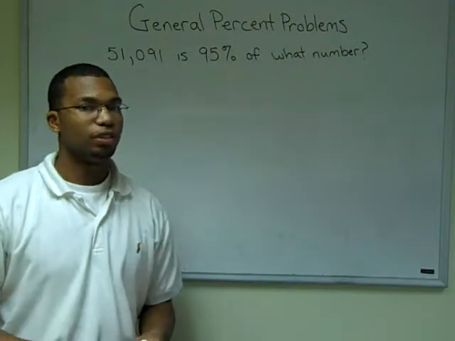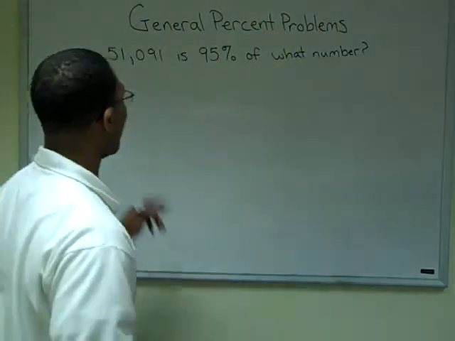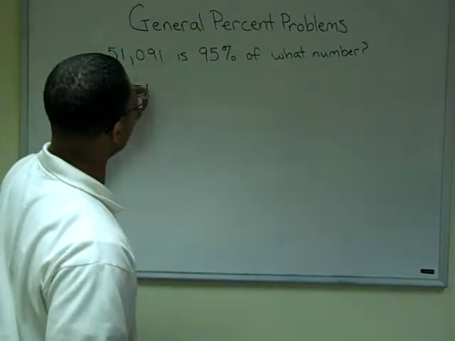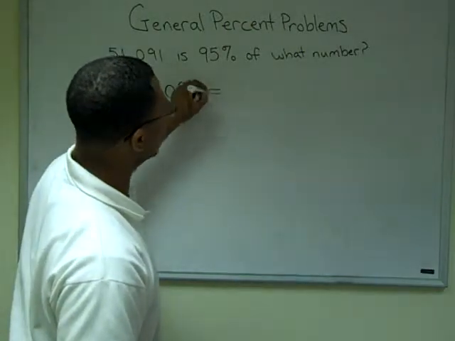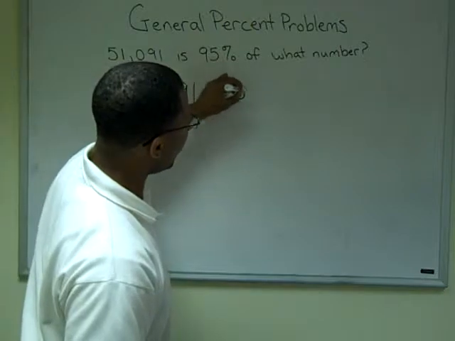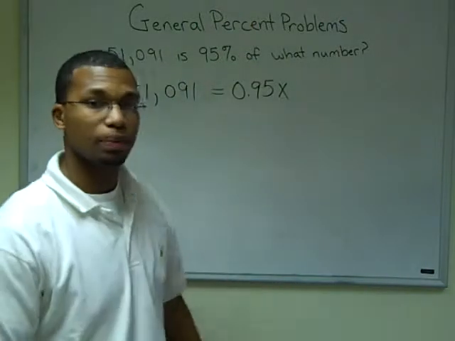Now we solve this by using the same things that we learned from the prior section. So we will write 51,091 equals 0.95x.